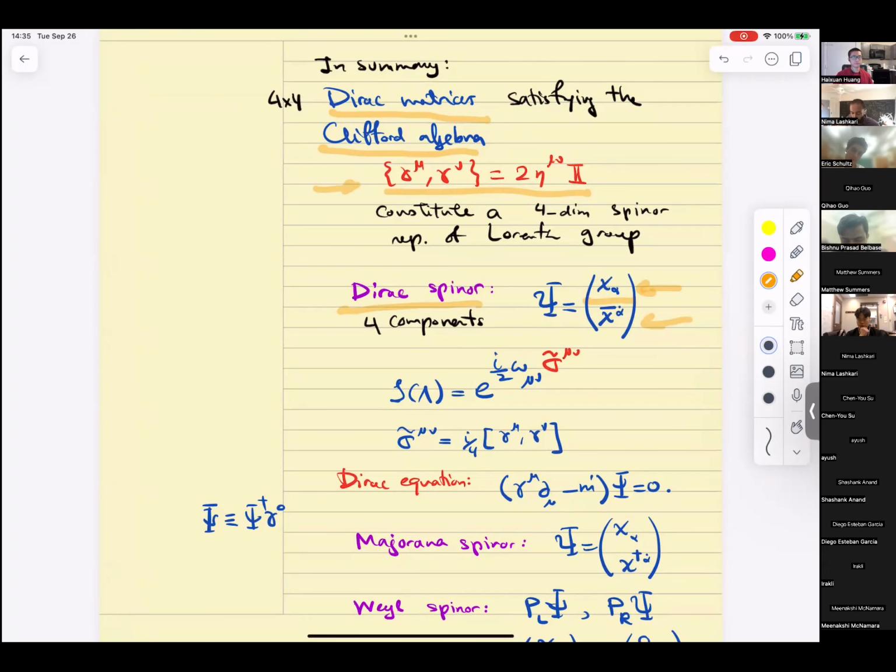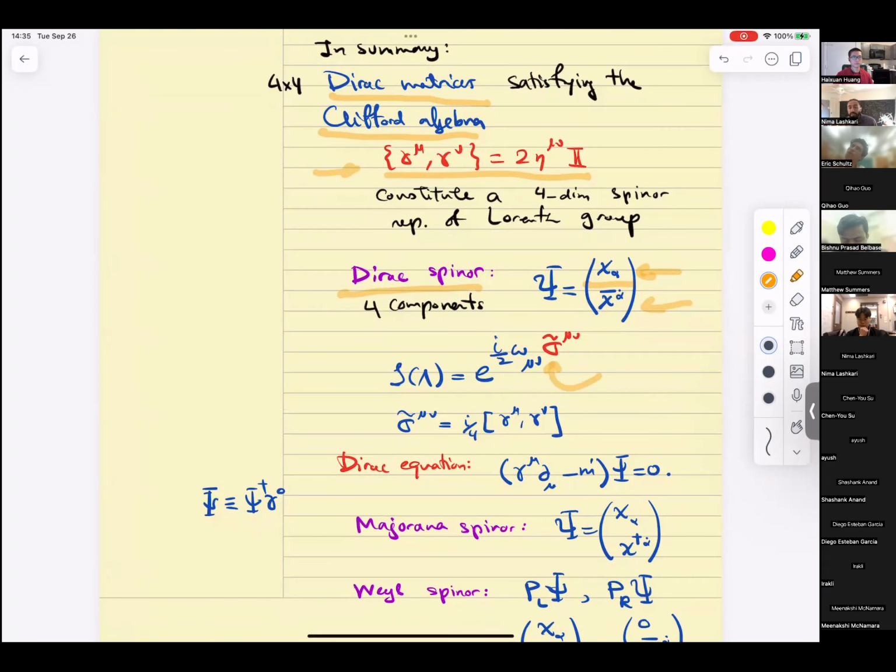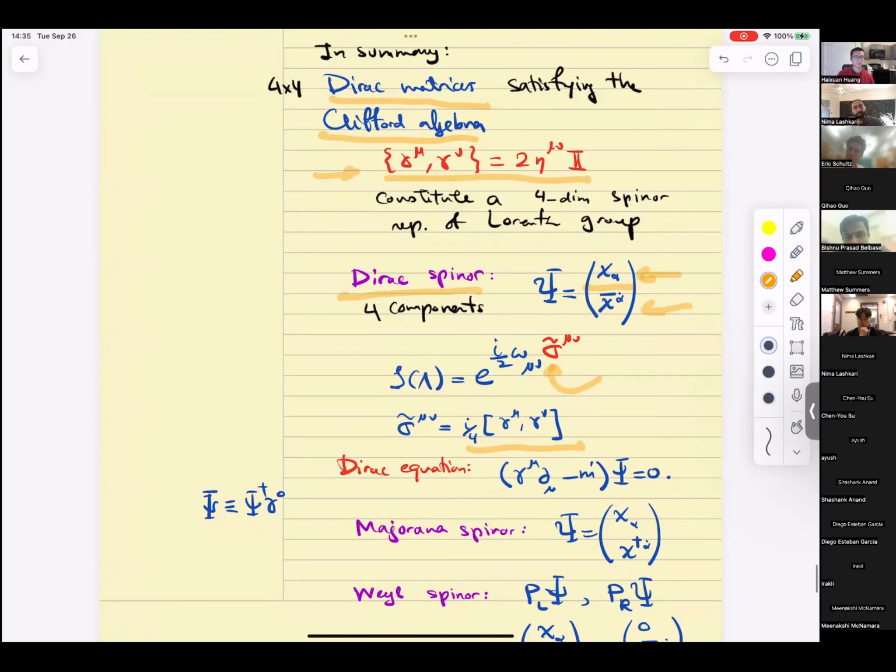The generator of Lorentz transformations in this notation is just the commutator of gamma matrices with an i/4 in front. This is it. This is the summary of the whole representation theory, written elegantly in terms of Dirac matrices. So if you were to build the representation theory of the Lorentz group in other dimensions, your starting point is to find the Clifford algebra: find the correct dimensional matrices that satisfy this algebra.